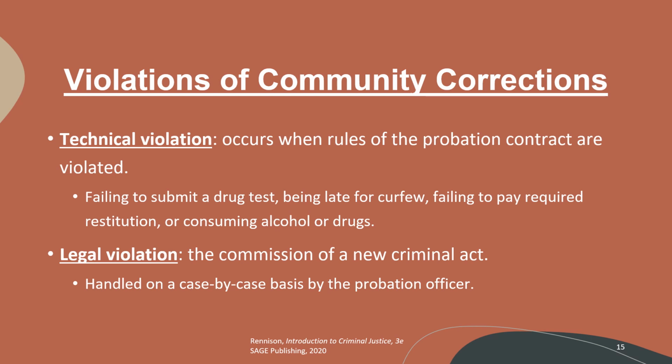If the individual is married or has some strong social bonds in the community, they're more likely to successfully complete their probation. Those with jobs and those who are older typically successfully complete community corrections. So, again, those personal characteristics: women, married or have some strong social bond, older people, those who are employed, and those who have some type of higher education levels.